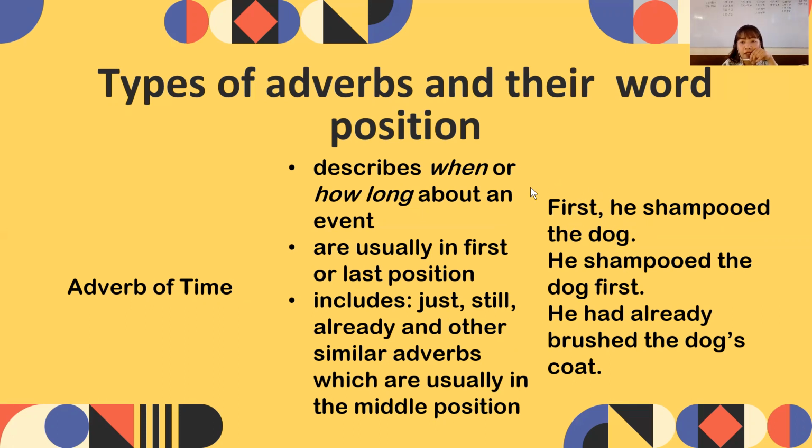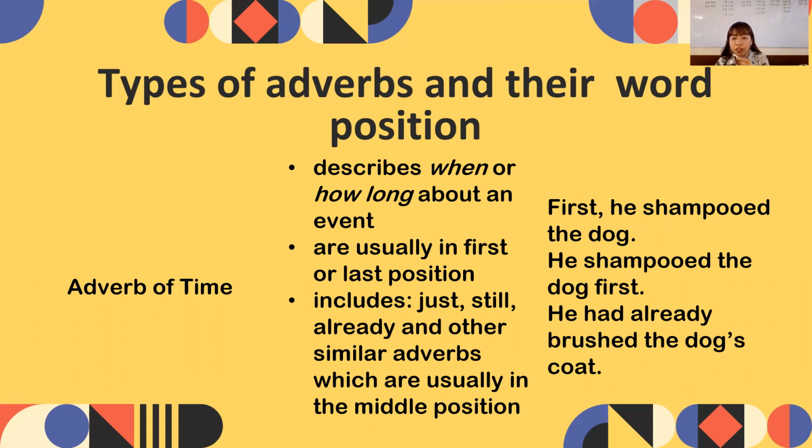For the word position of your adverb of time, it could be placed at the beginning of the sentence, even before the subject, or it could be placed after the direct object. Backtrack a bit: when we talk about the direct object, this is the object or person who receives the action done by the subject.